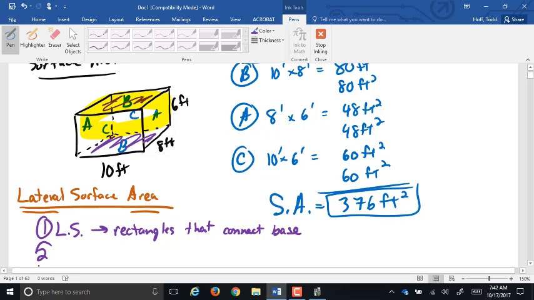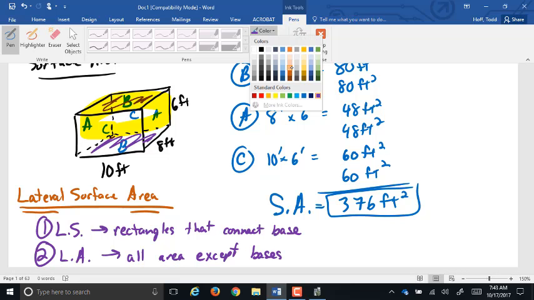A second definition of lateral surface area or lateral area is just all area except the bases. So again, that would give us those same surfaces.